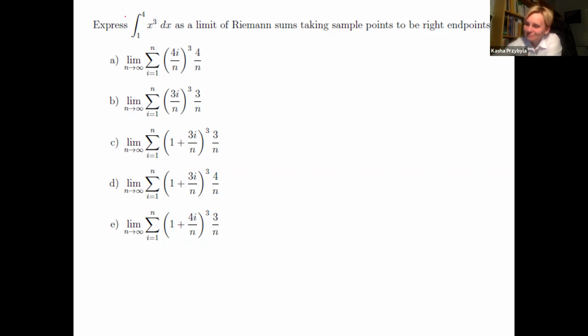Okay, that means what we have. We do have x cubed dx. And we know that the integral sign means the limit of the sigma, of the Riemann sum, as n is approaching infinity, from 1 to n, of the function at the sample point and delta x.